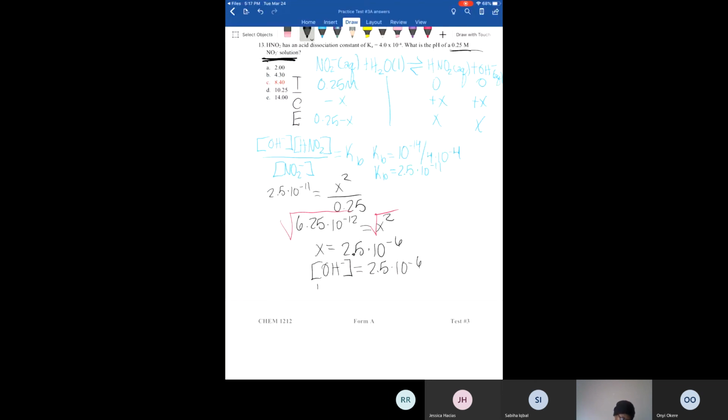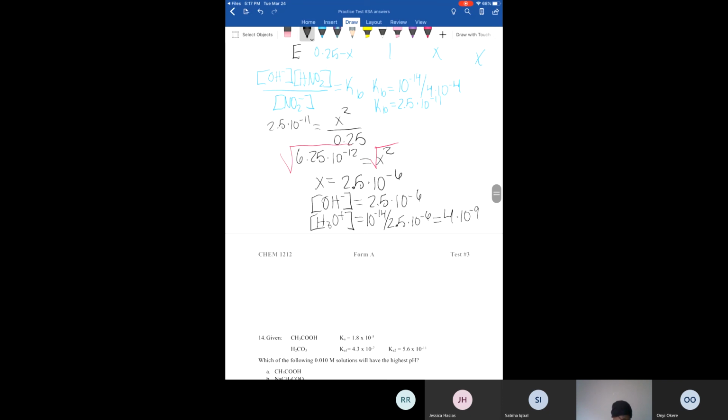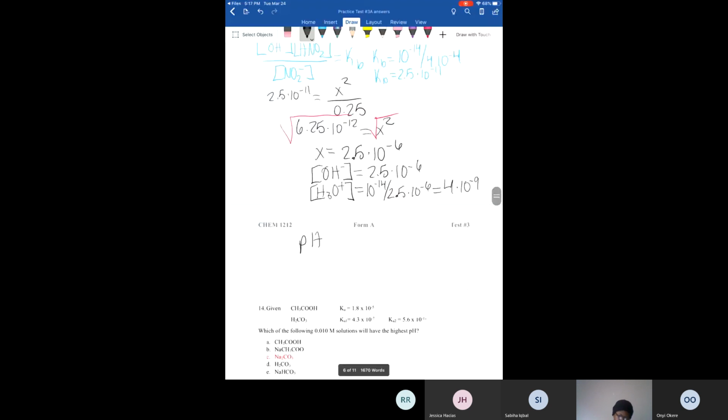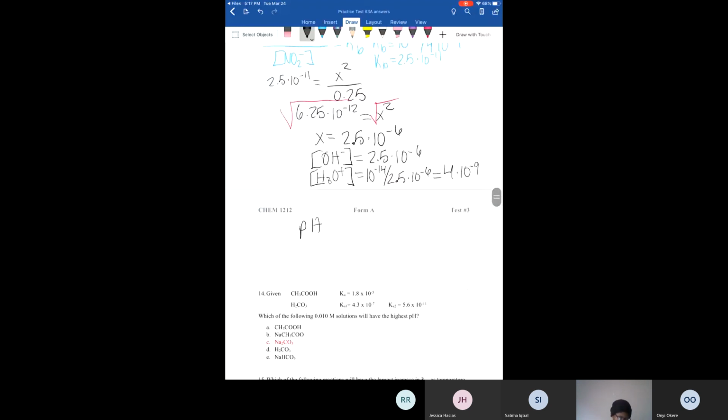So if you want your H3O plus concentration, you have to take 10 to the negative 14 and divide by this number, to get 4 times 10 to the negative 9. And then your pH is going to be, like it said, 8.4 or 8.39 or 8.397, same thing.